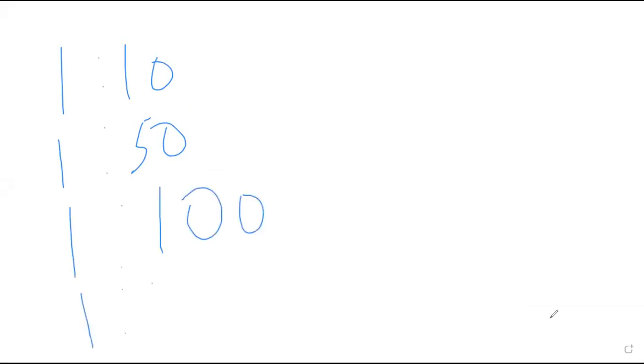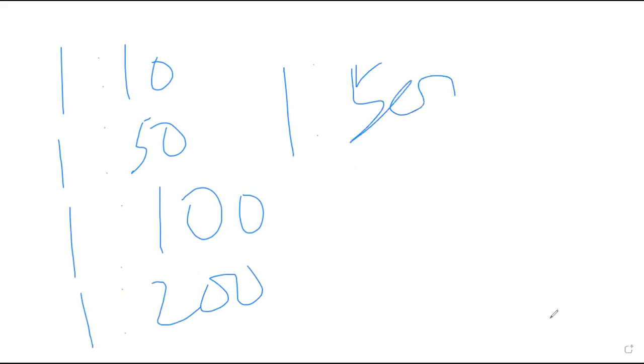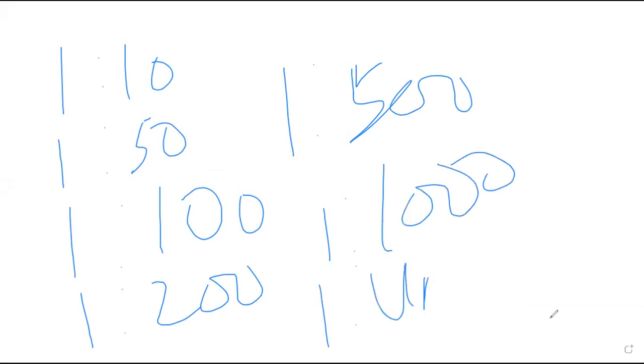Number one, I have 1:10. Some leverage are 1:50. Just know that the higher the leverage, the higher the risk you are taking. Some are 1:100, some are 1:200, some are 1:500, some are 1:1000, some are 1:unlimited.